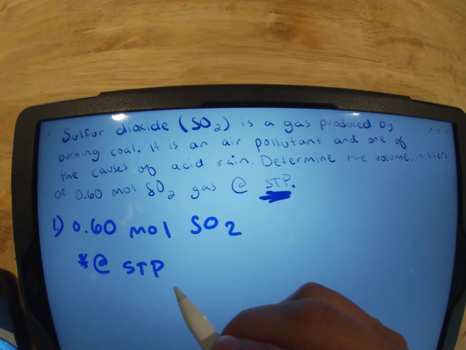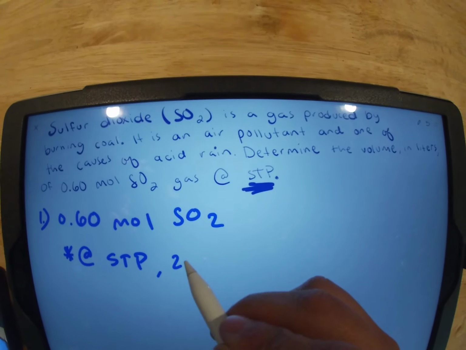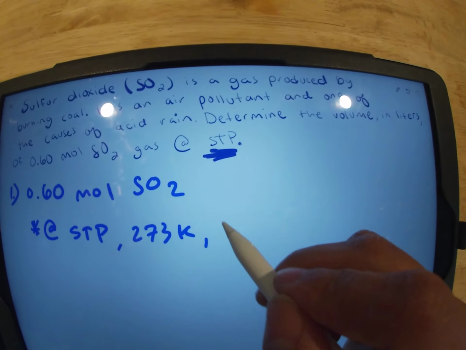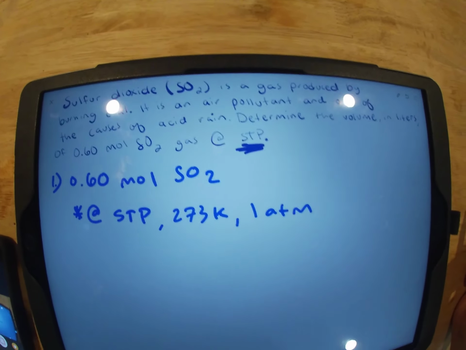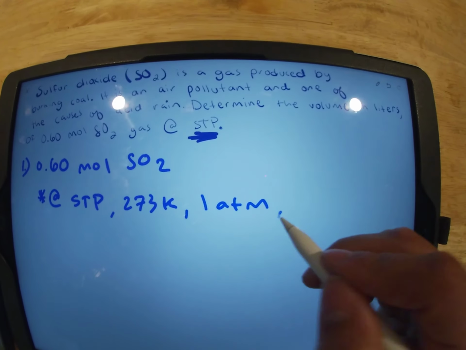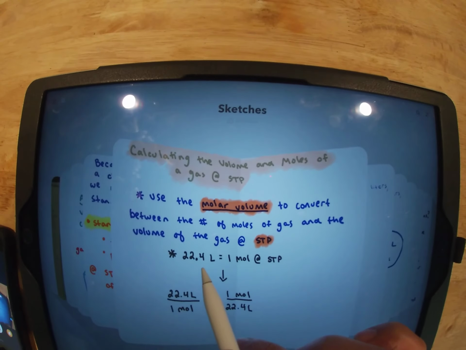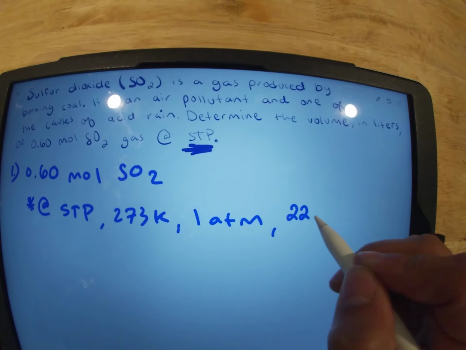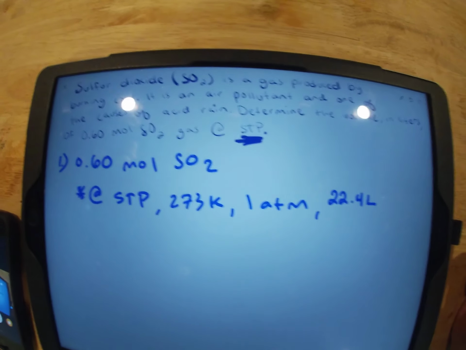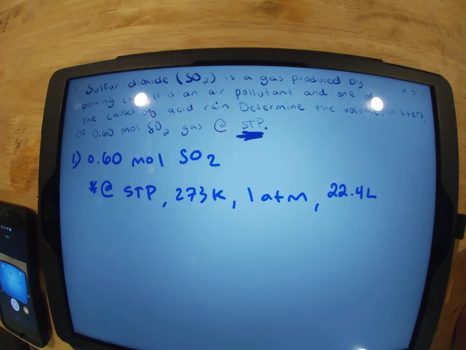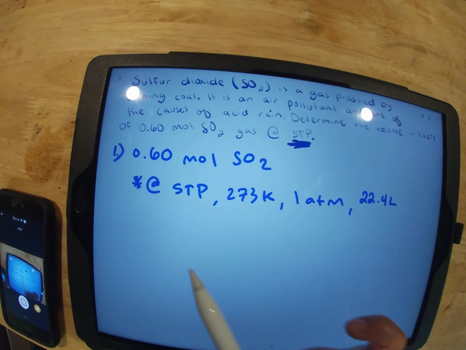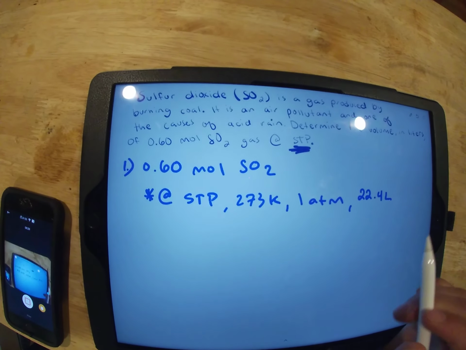Because we're at STP, that means we have a temperature of 273 Kelvin and a pressure of 1 atm. And because we're at STP, our volume is going to be 22.4 liters per mole. All of these characteristics are associated with our sulfur dioxide.